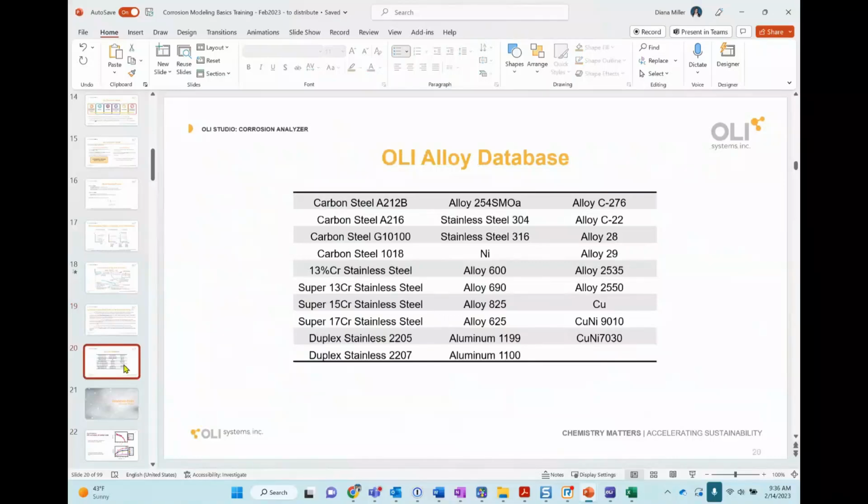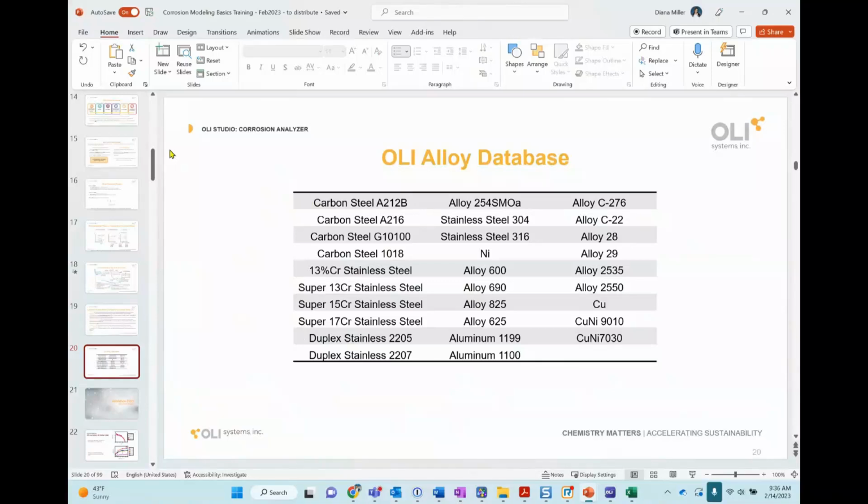Now, it is also important to know, okay, so you can calculate corrosion rates, but what are the surfaces or alloys or metals that you have in the database that we can calculate corrosion rates for? And this is a list of 29 different alloys that we have as part of our database.